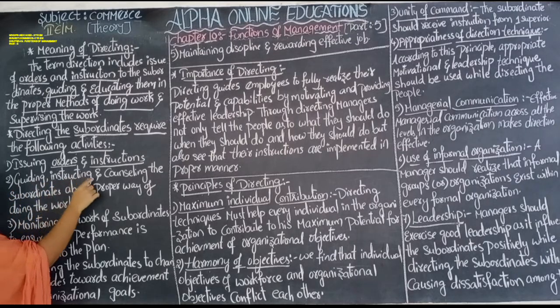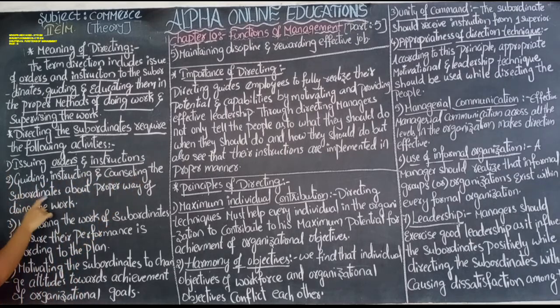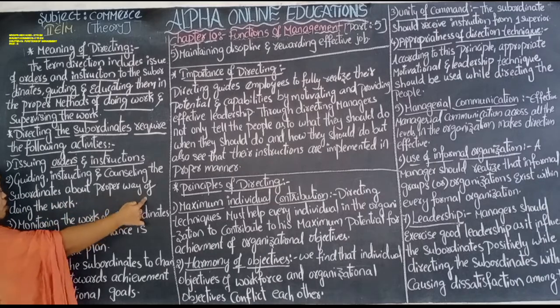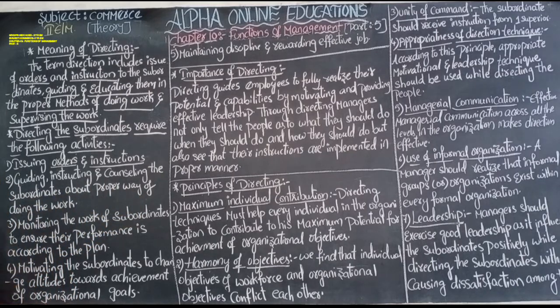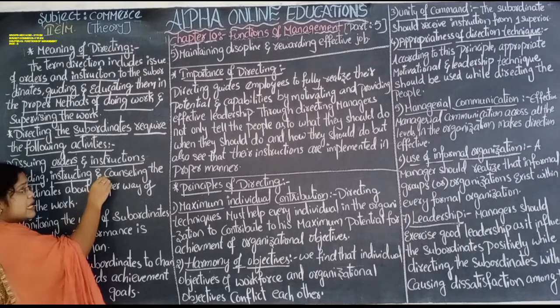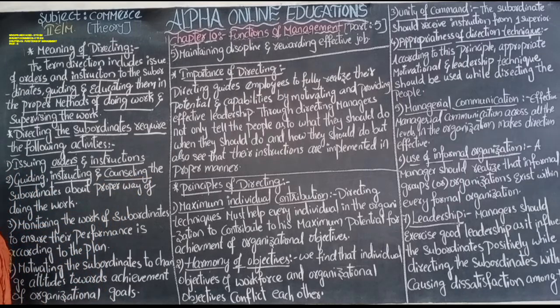Guiding, instructing and counseling the subordinates about the proper way of doing the work. After that, they have to provide guidance and instruction. If there is any problem for the subordinate with the work or within the workplace, then counseling should be done.